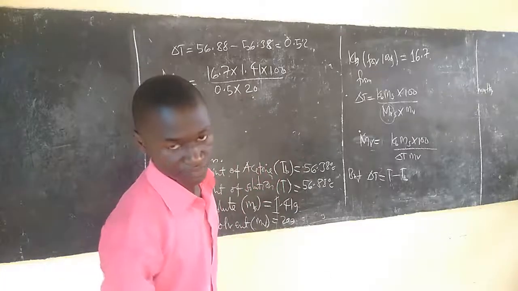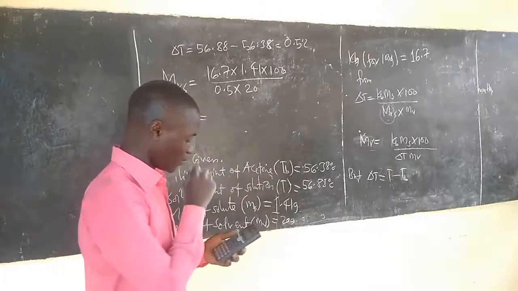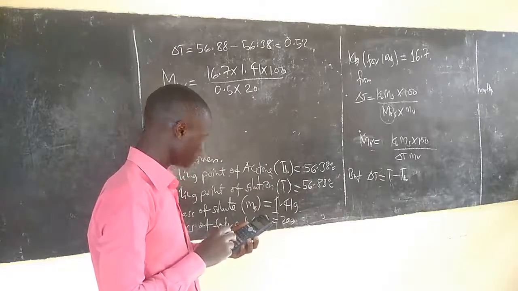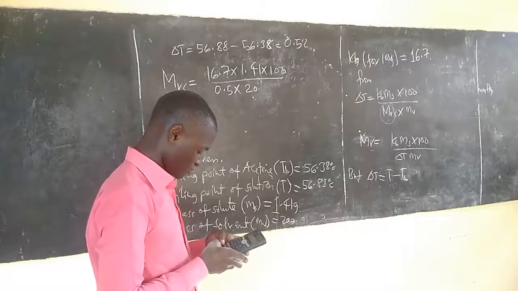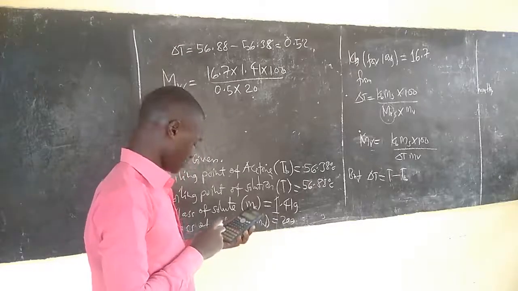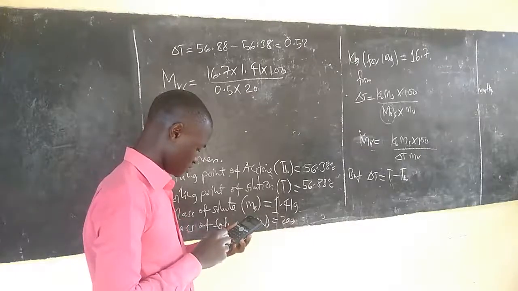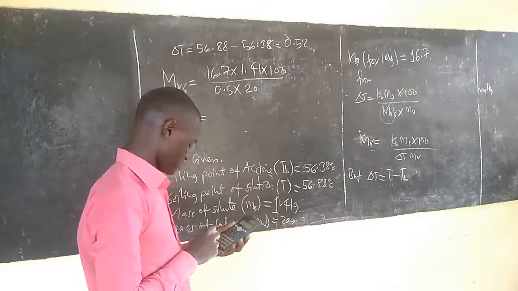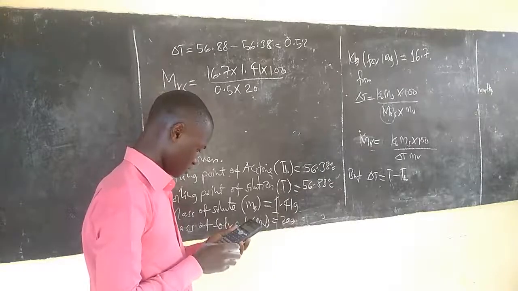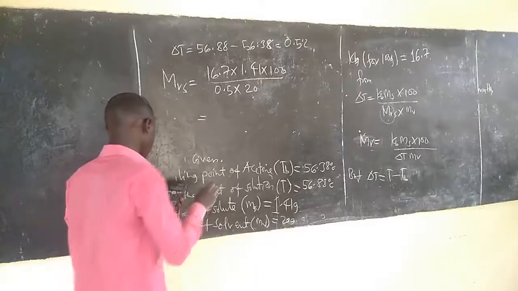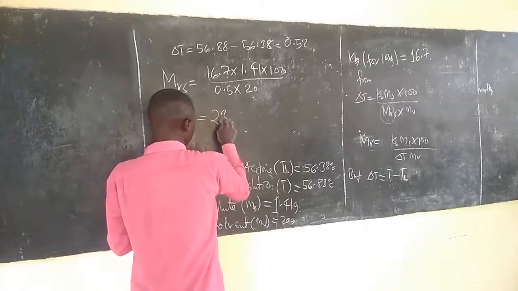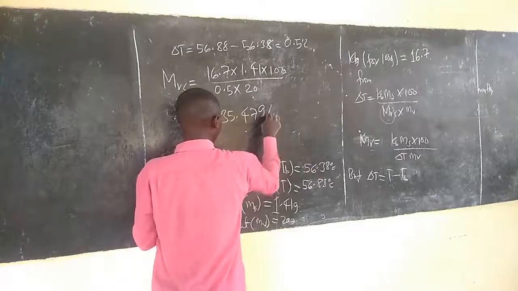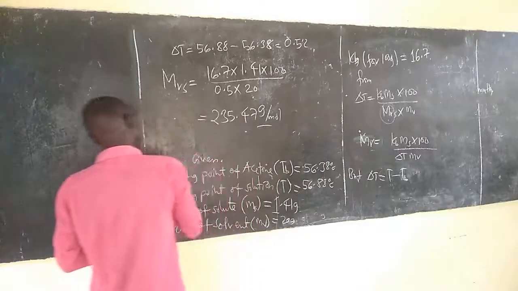Solving for this in your calculator, so 16.7 times 1.41 times 100 divided by 0.5 times 20. Tutapata 235.47 gram per mole.